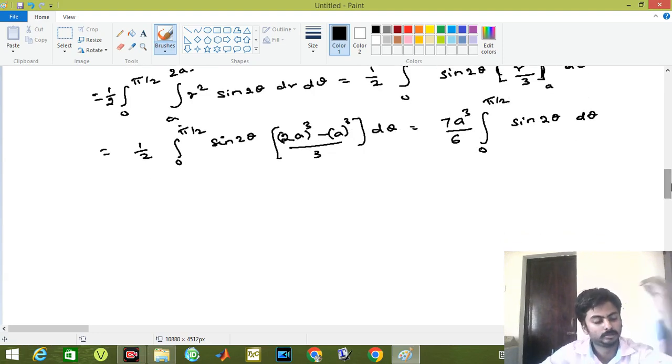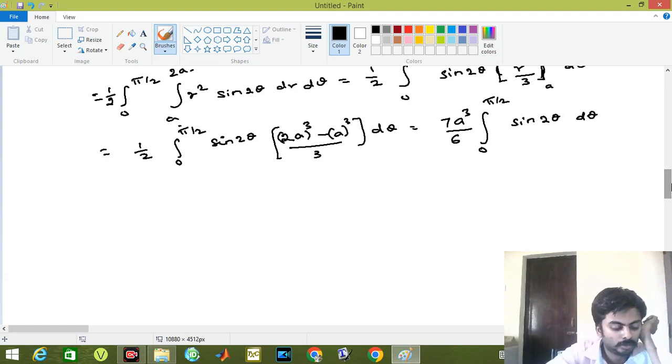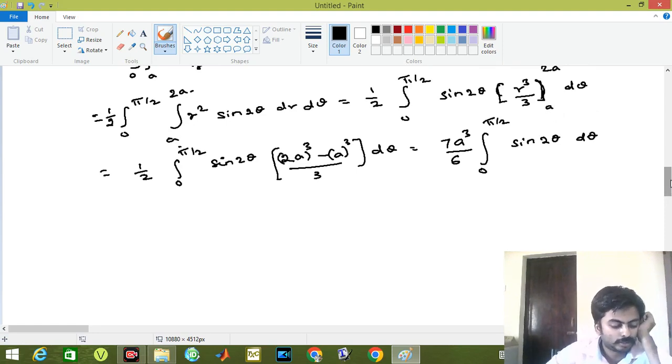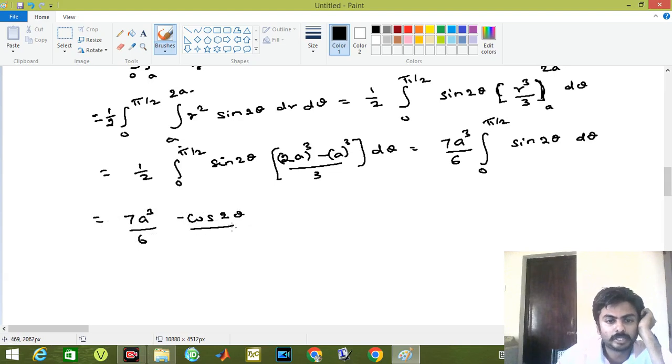Okay, so dear students, on integrating this you will get 7a cube by 6 into, on integration, minus cos 2 theta by 2. The limits are 0 to pi by 2.